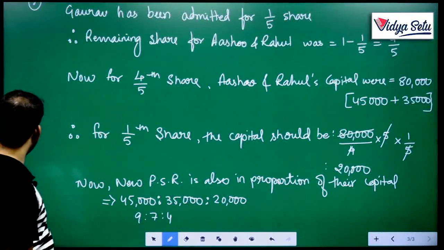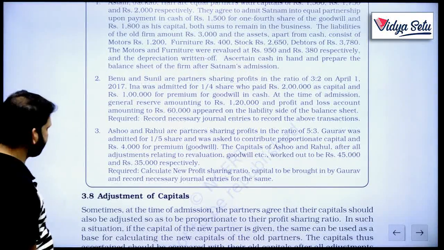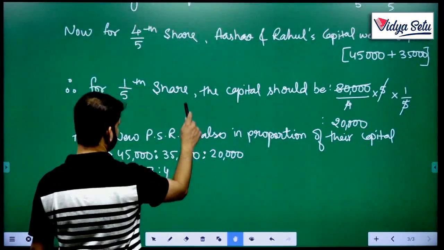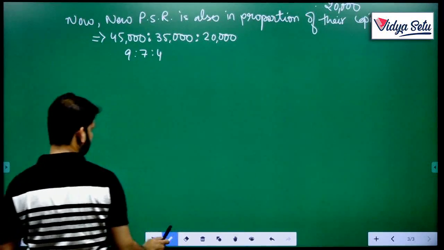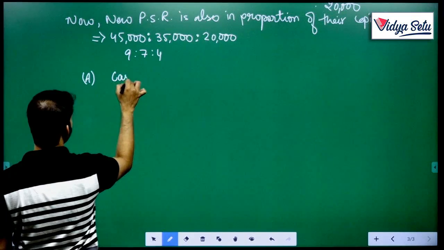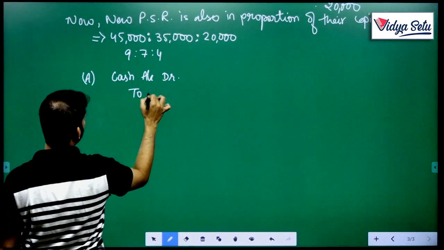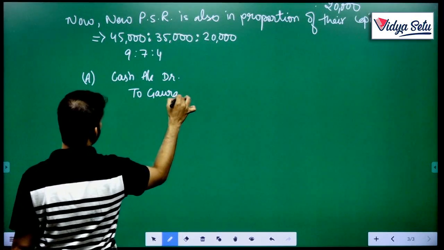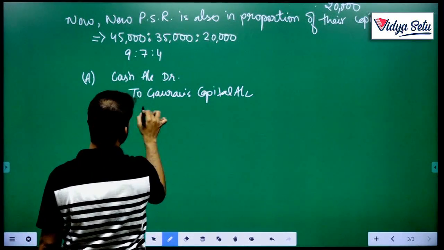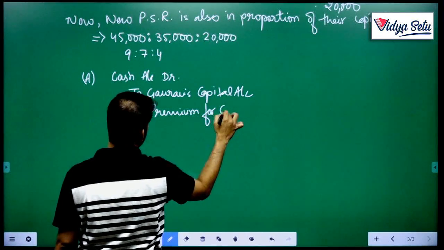4,000 was the premium for goodwill, I remember. Cash account debit to Gaurav's capital, to premium for goodwill.